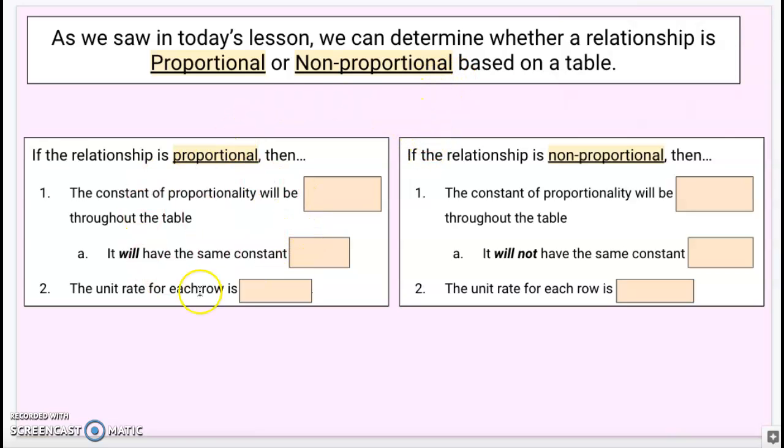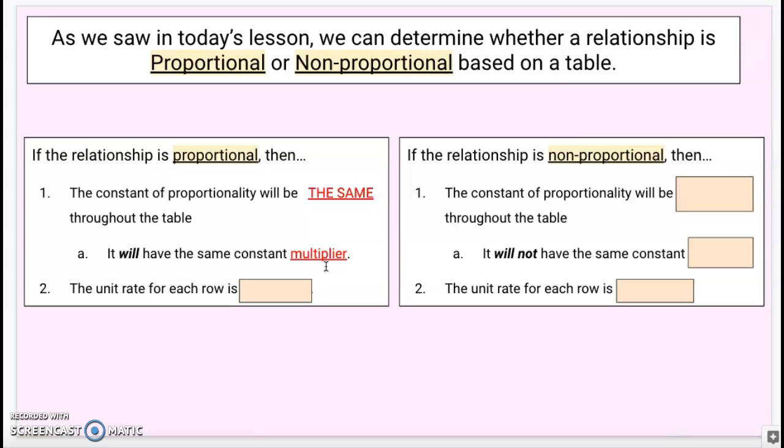If we look at the relationship that a table shows us, if it's proportional, then the constant of proportionality will be the same throughout the table. It will have the same constant multiplier. So remember, as we work from our left column to our right column, we are multiplying.